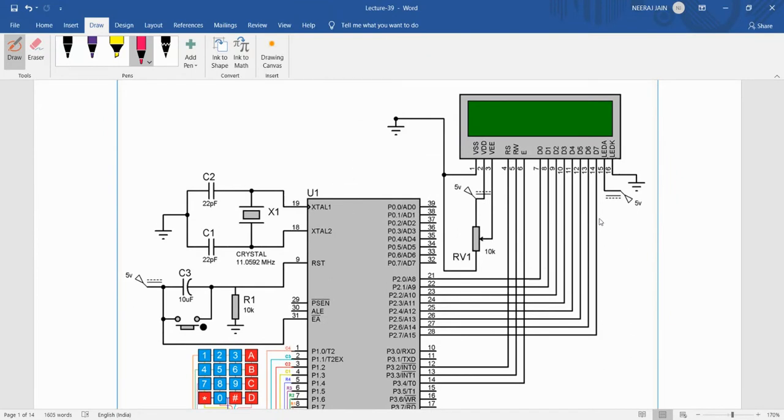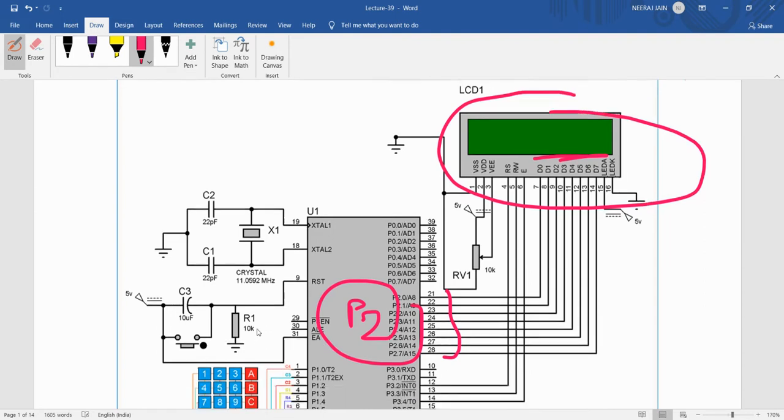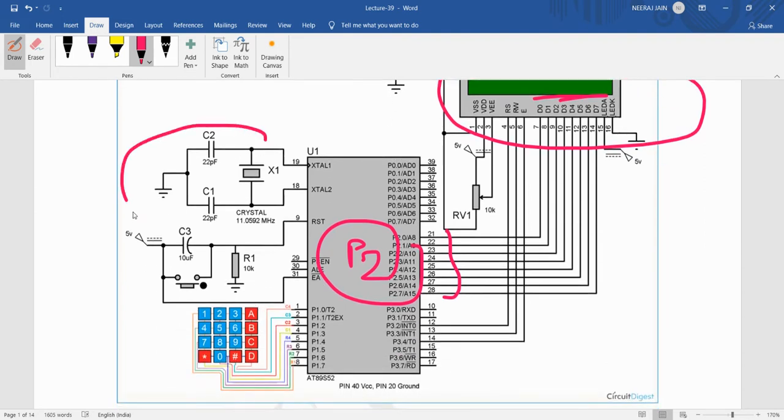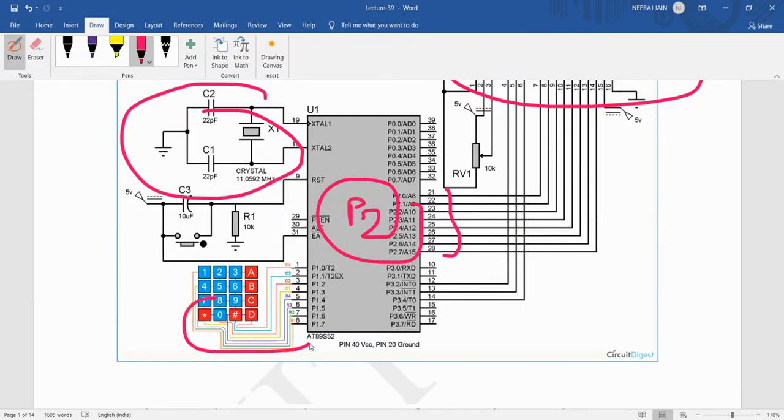Now, how it is interfaced: we have the LCD display, and the P2 port is used for interfacing. There is a crystal oscillator for frequency generation, and the keyboard is connected with port P1.